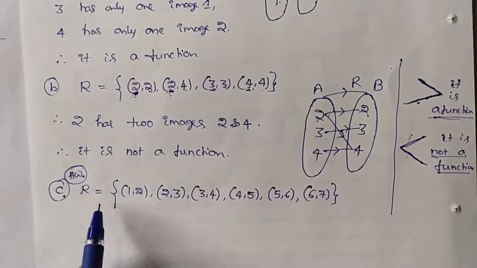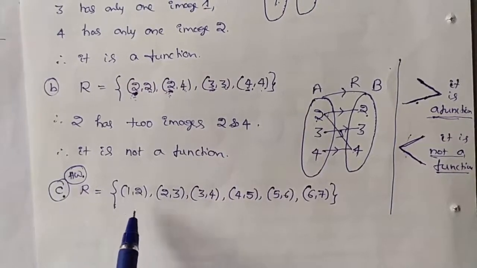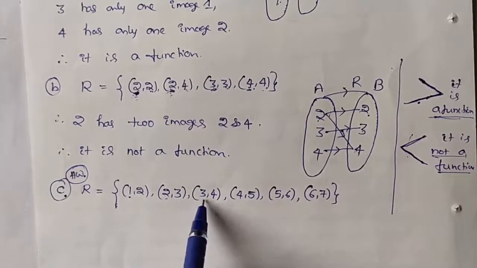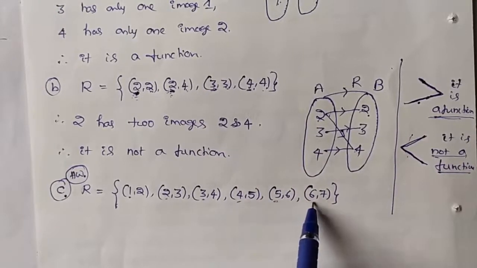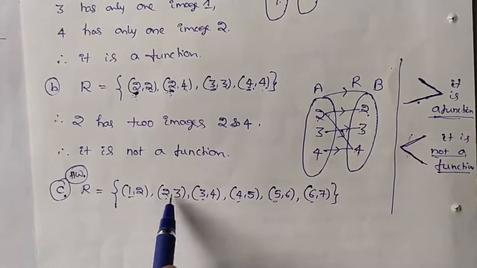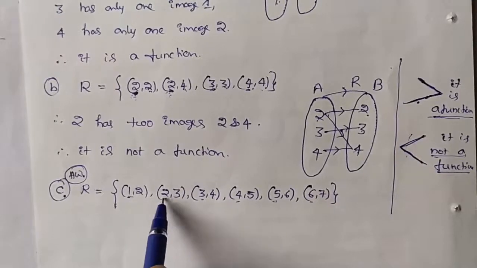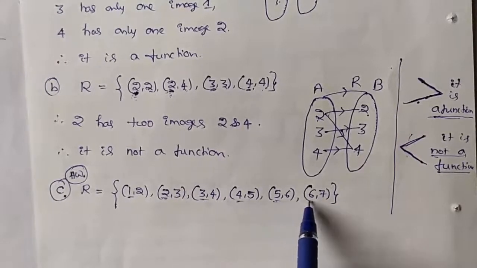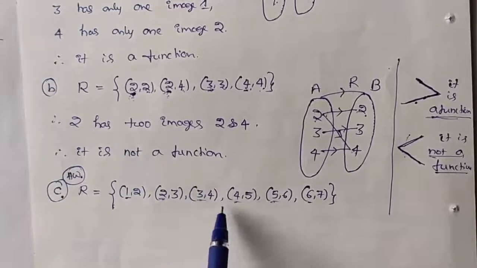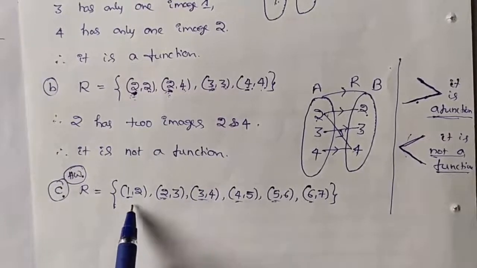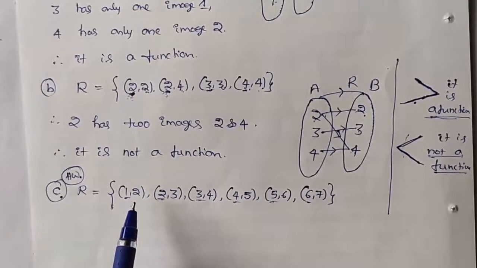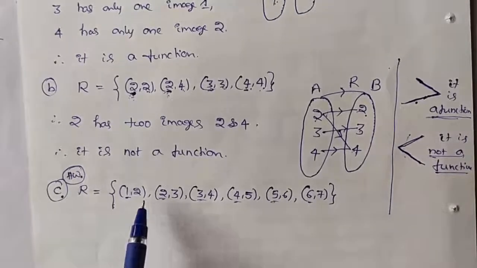Just remember the previous point: if the first element of the ordered pair repeats, then it is not a function. The first elements of the ordered pairs 1, 2, 3, 4, 5, 6 are different, therefore it is a function.